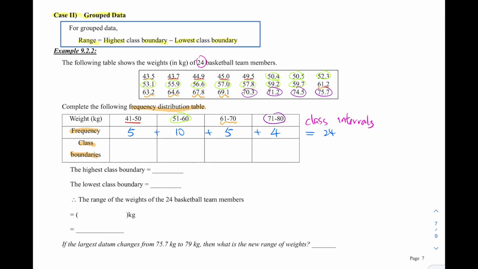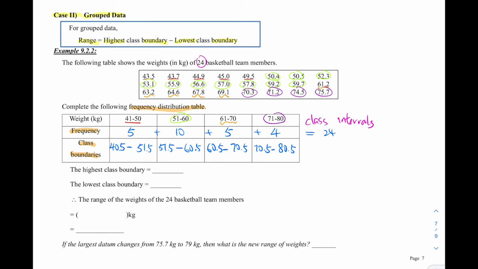So we try to write for the first class interval, the datum between 50 and 51 is 50.5. And for the next class boundary, we have 60.5. So similarly, you can fill in the remaining. And the lowest class boundary should be 40.5.